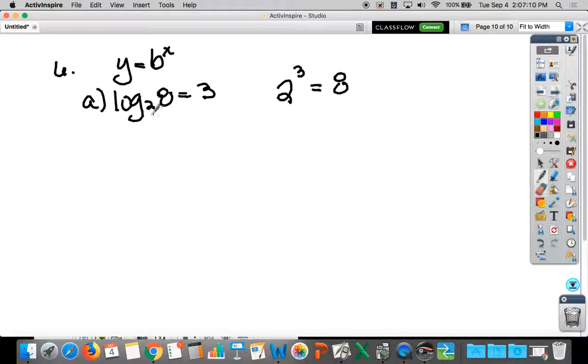Remember, the base is the number in the bottom. We never put these together. We always split them up when we move from one form to the other. So 2 to the third equals 8. So I want y'all now to do B through F for me. Just jot them down in your notes.